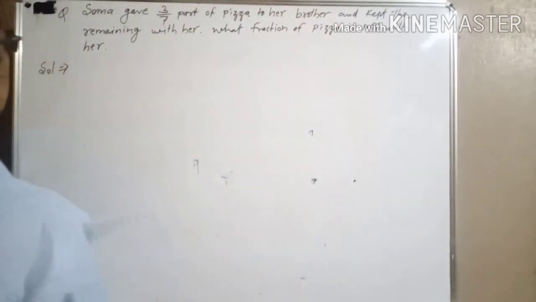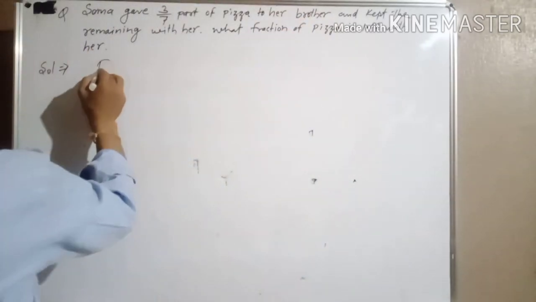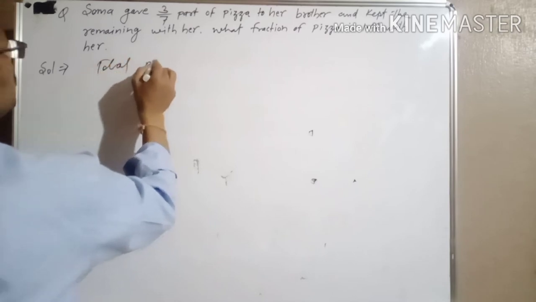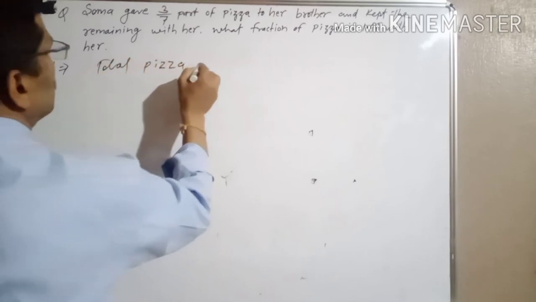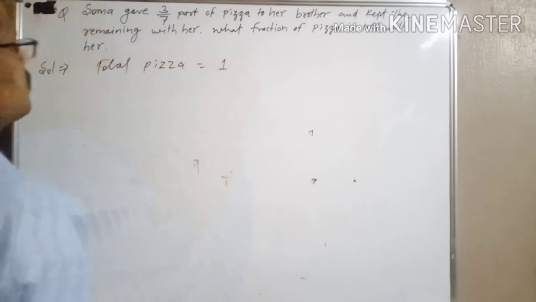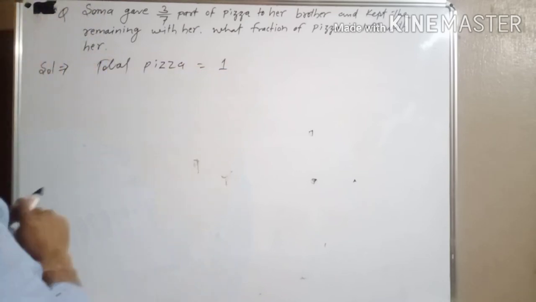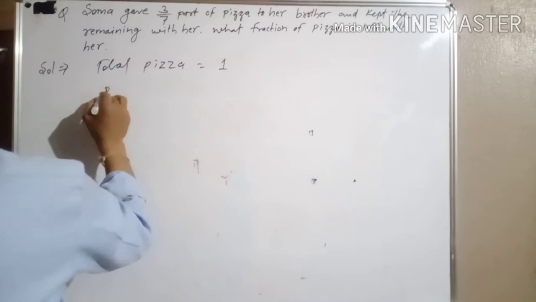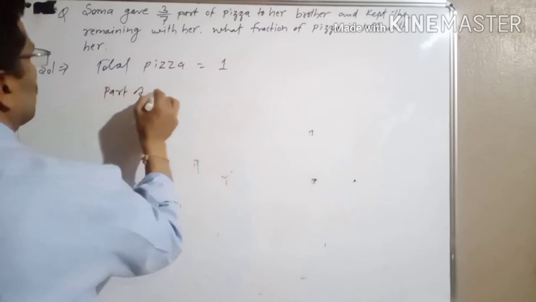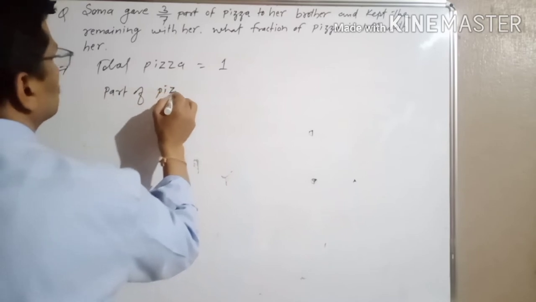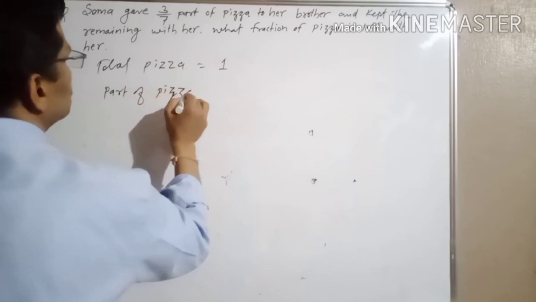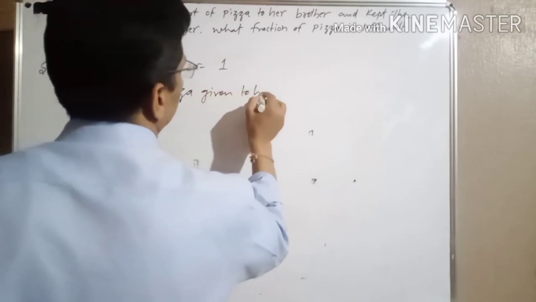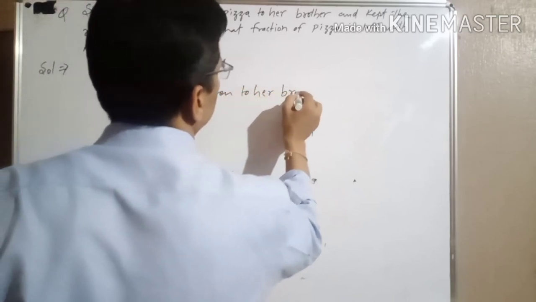Okay, so we can write here total pizza with Soma is 1, and how much she has given, so we can write here part of pizza given to her brother.